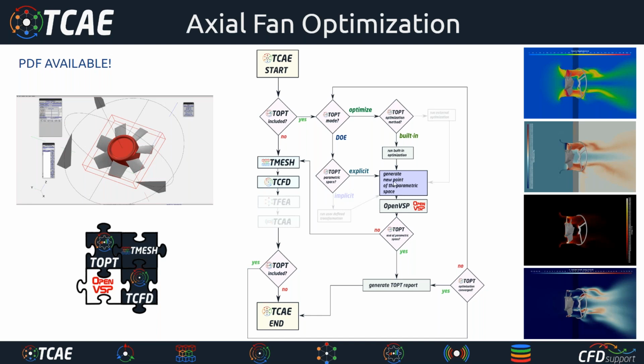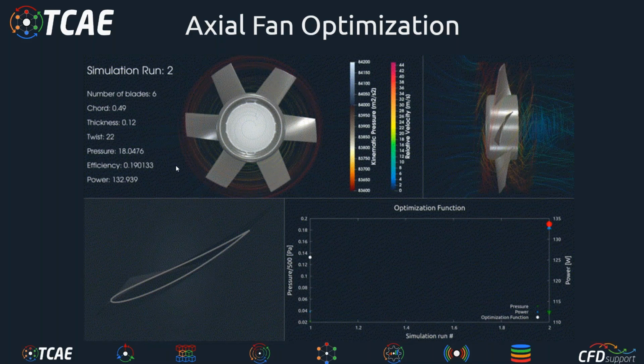OpenVSP created new geometry, and again the new geometry was meshed, simulated, and based on the results it was running in a loop, and such a loop has run 400 times. So we made 400 iterations, and then we stopped it and looked at the results.